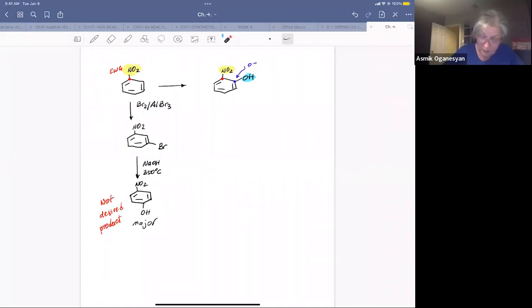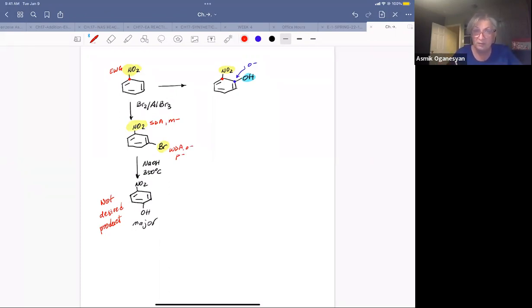Now I have a strong electron withdrawing group. I have a weak electron withdrawing group. So this is a strong deactivator, meta director. This is a weak deactivator, ortho para director.